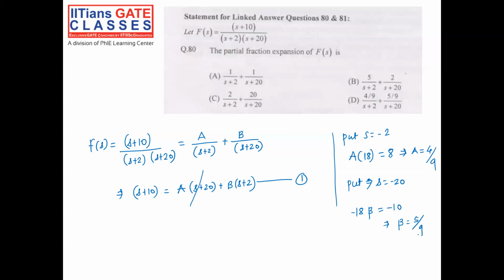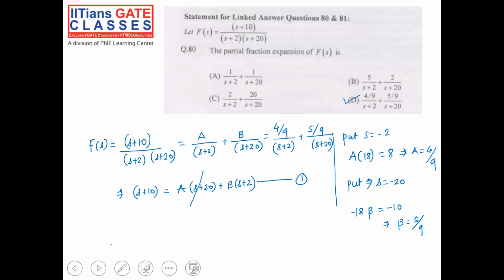So the value of A is 4 by 9, and the value of B is 5 by 9. So I can write it as (4 by 9) divided by s plus 2 plus (5 by 9) divided by s plus 20. Looking into the options, we can clearly say option D is correct for this.